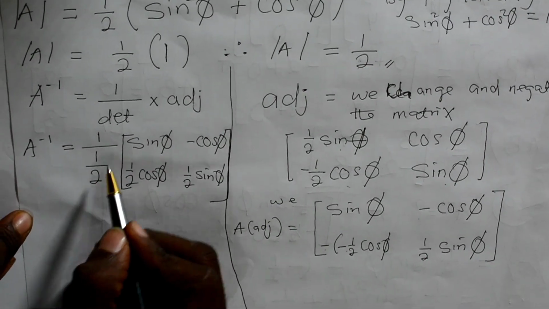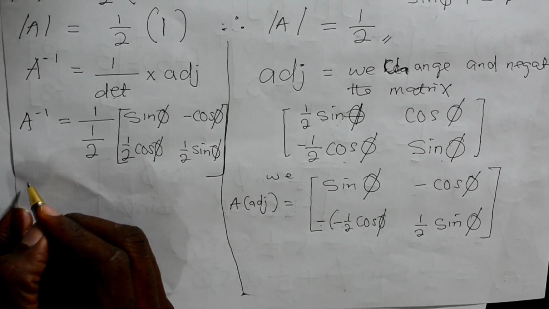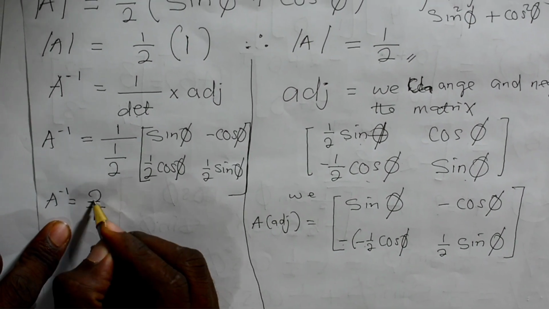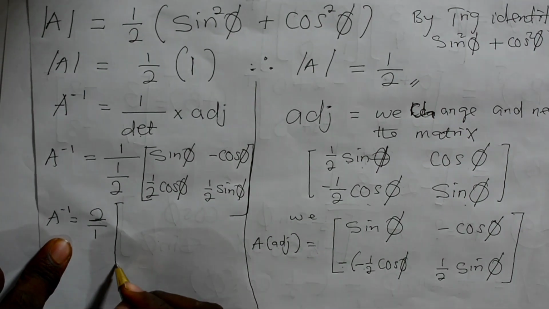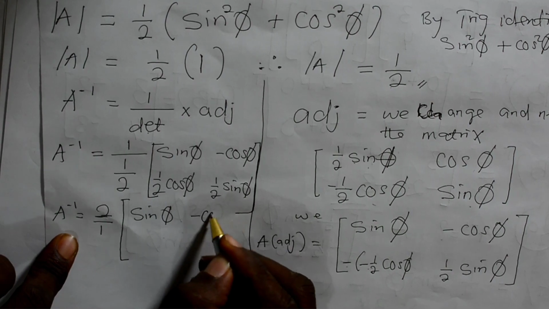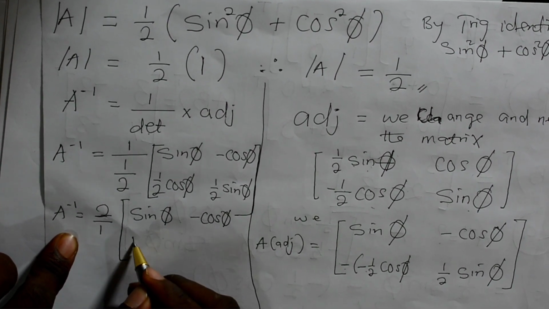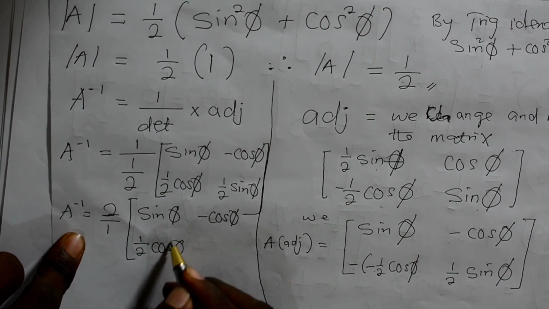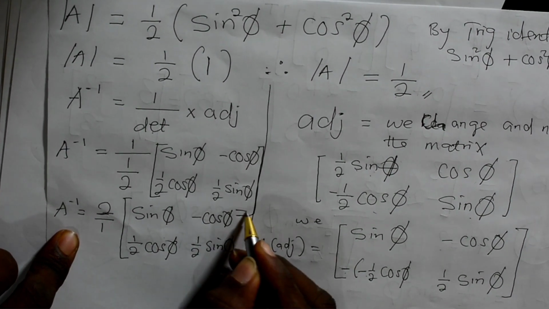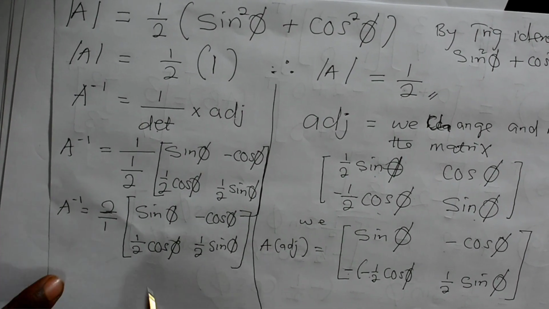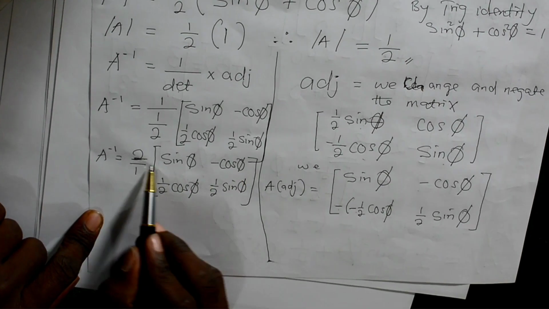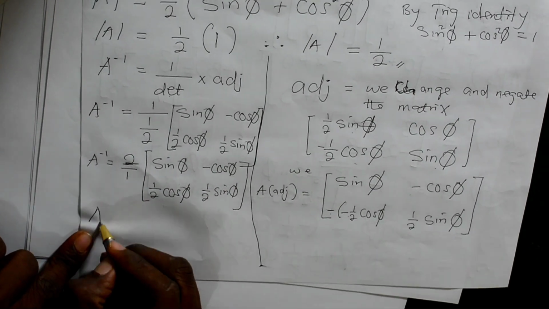So now 1 all over 1 over 2 will be A inverse equal to 2 times the adjoint matrix. So by multiplying 2 and this matrix, we will obtain our A inverse.